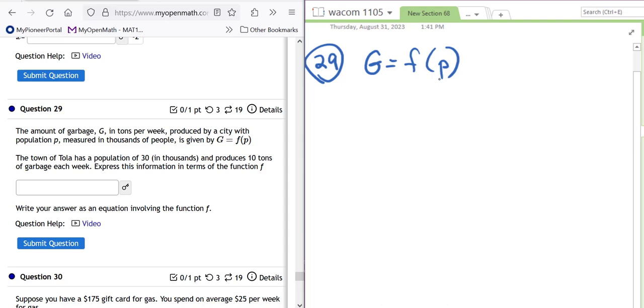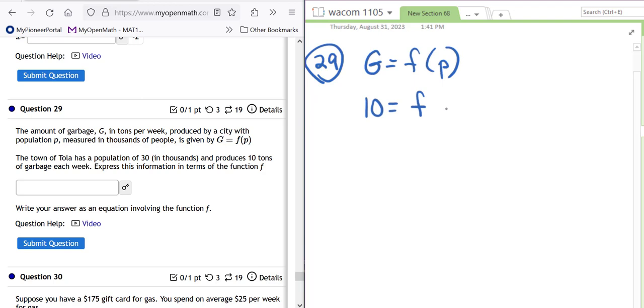And G is the amount of garbage. Right, so we have the town of Tola has a population of 30 in thousands, so 30,000, and produces 10 tons of garbage each week. Express this in terms of the function f. So the garbage is 10 tons, and this is of the population.